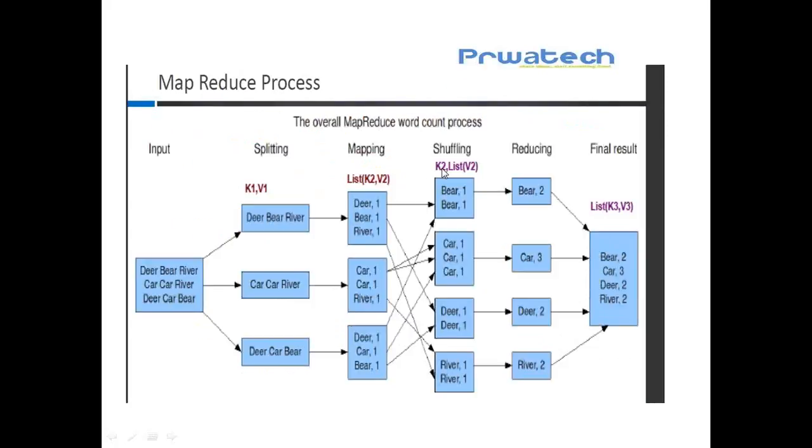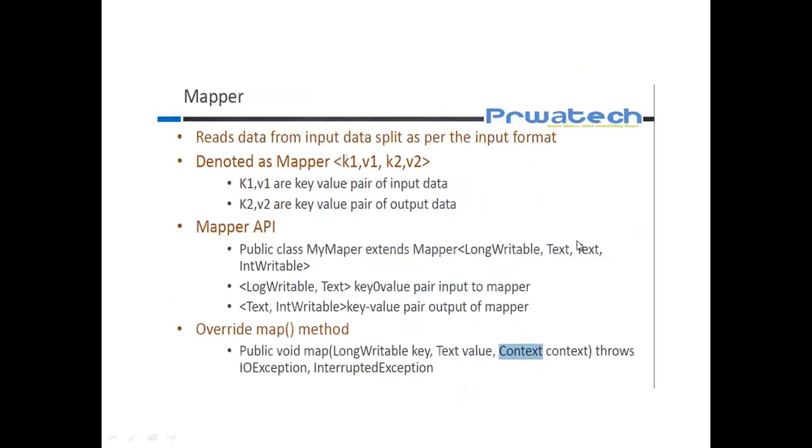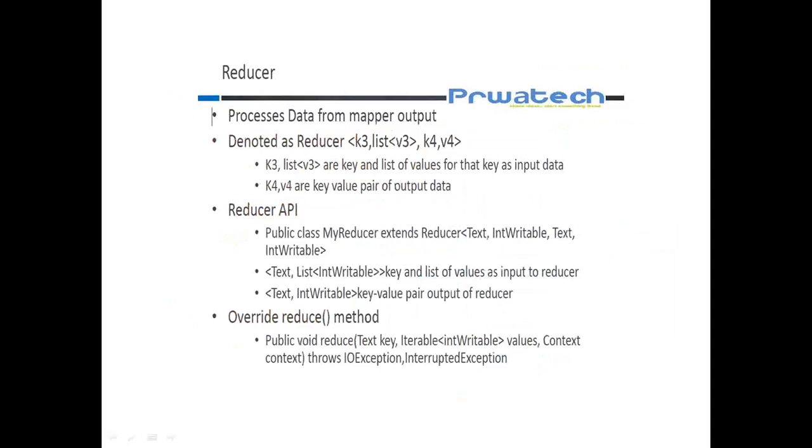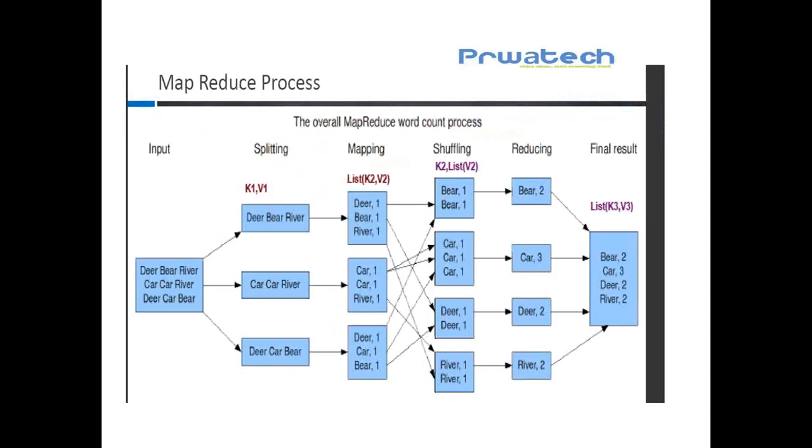The mapper output given by shuffling is K2 list of V2, and the final output is K3 V3. Giving K3 is not an issue, but in my copy it shows K3.